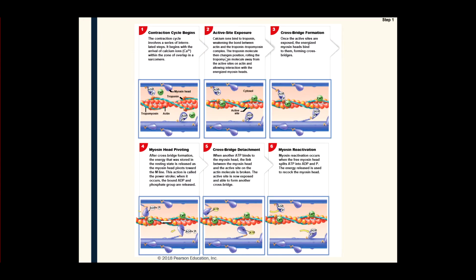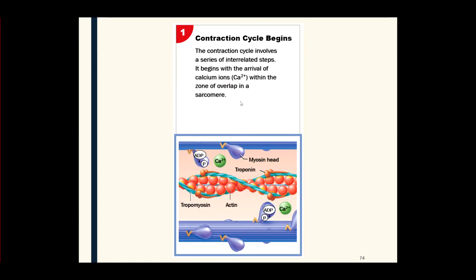So here's an overview from your book, just kind of showing the steps, how step one leads to step two, leads to step three. I want to go through each one of these individually. So just to kind of reorient what we are, here in the middle we have a strand of actin, right, F-actin, and you can see the tropomyosin, that's this kind of turquoise braided strand right here, covering the active sites.